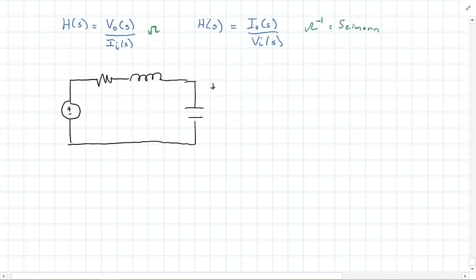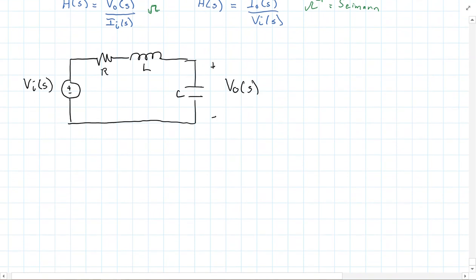We're going to look at the output being the voltage across the capacitor, and the input is going to be simply this voltage source. And of course we're going to have a resistance R, L, and C for the capacitance.